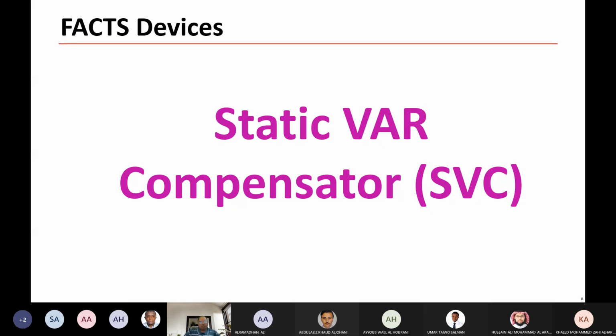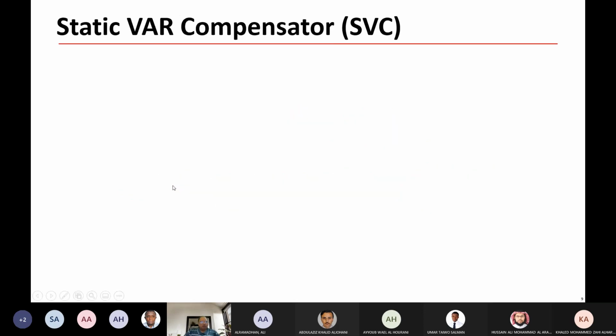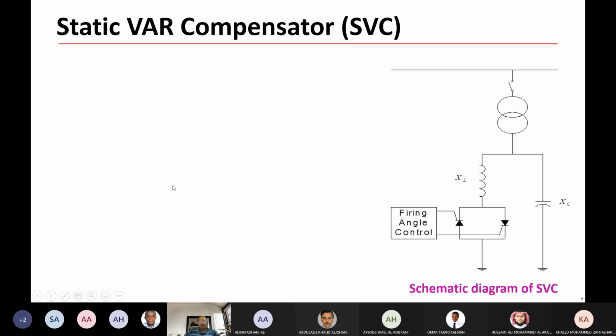Okay, the static VAR compensator, where we can adjust the voltage. This is the structure of the static VAR compensator. This is connected in shunt. The static VAR compensator is a shunt device.